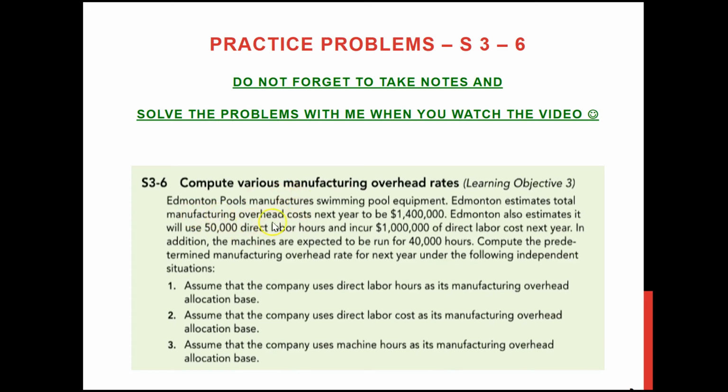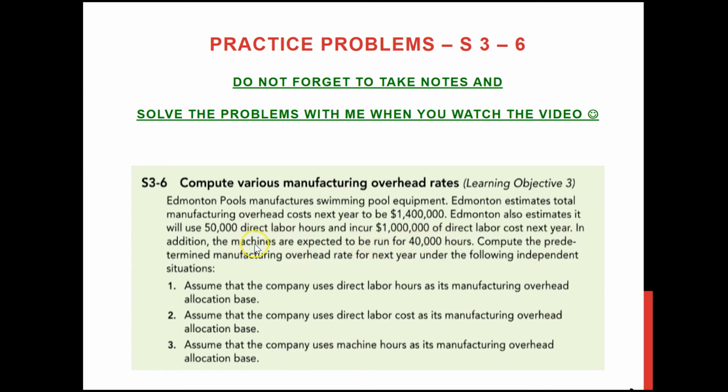If you read the problem, you will see that the Edmonton company mentions their total estimated overhead costs, and they also mention that they are going to use a total of 50,000 direct labor hours and a total amount of direct labor costs. The company's machines are expected to run for 40 hours.